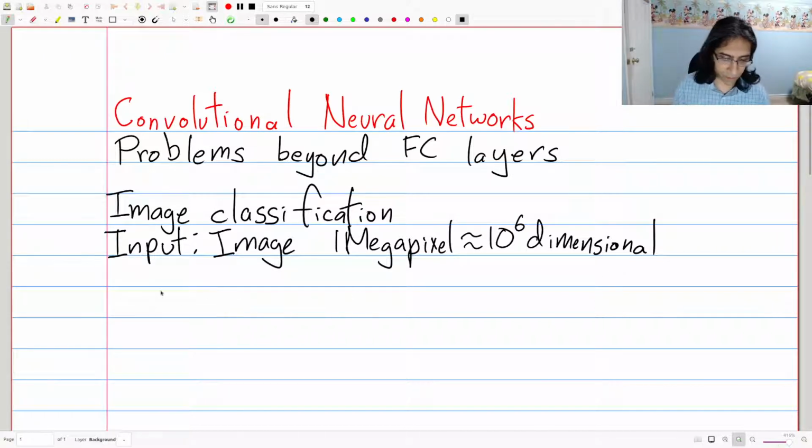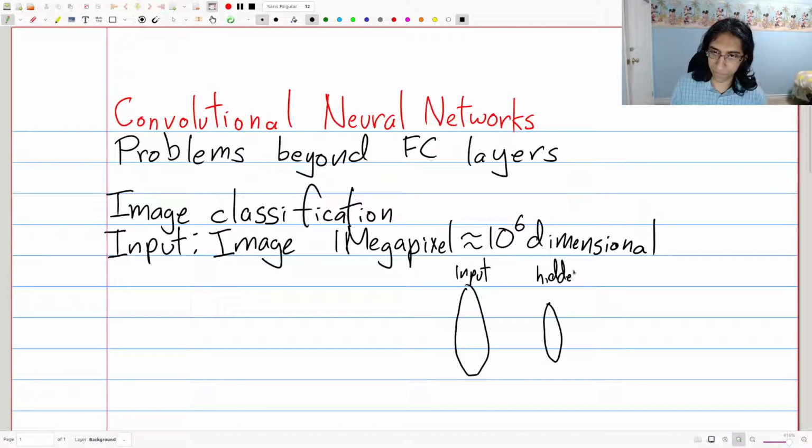Fairly sizable. Now let's suppose we use the following fully connected architecture. We just have the input, and a hidden layer here, which is much smaller, and we make this a fully connected layer.